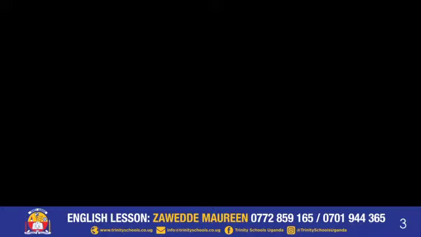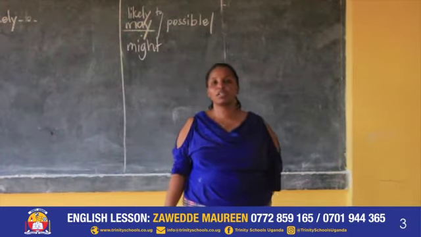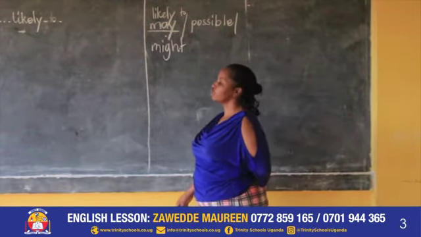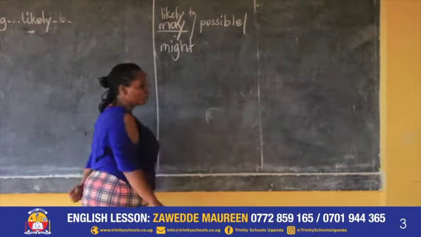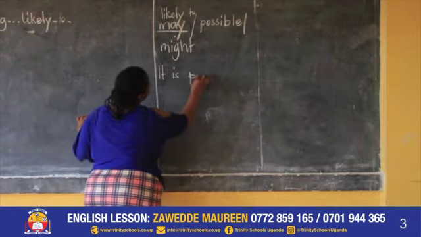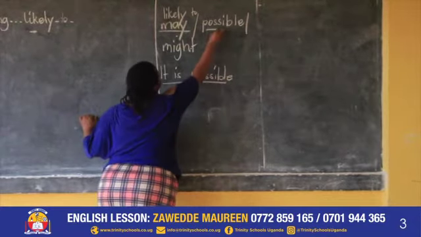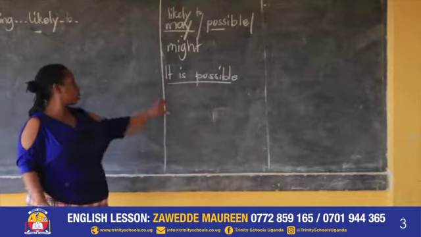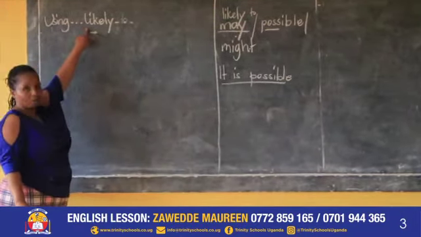Question two, it is possible that Murungi will give you all the information in the letter. It is possible, and it is in line with that. So these words which express a possibility are the same as the word likely.